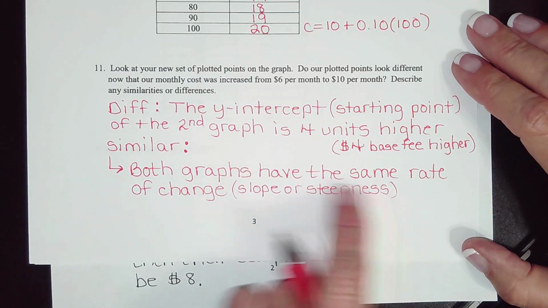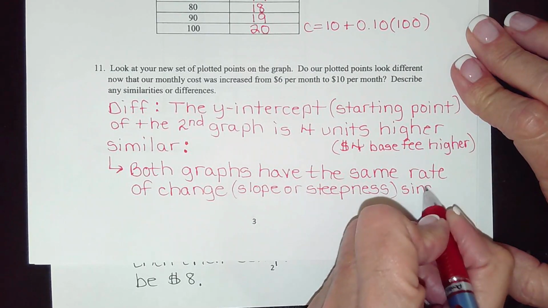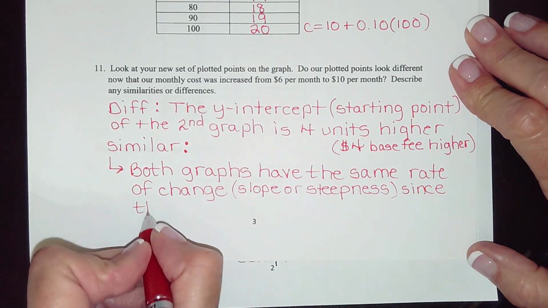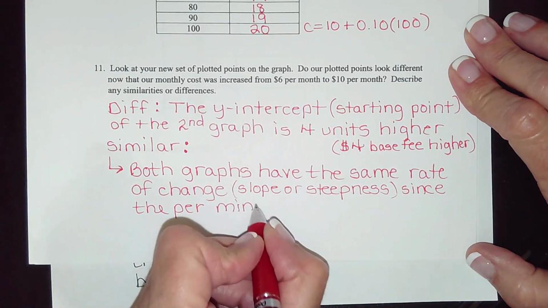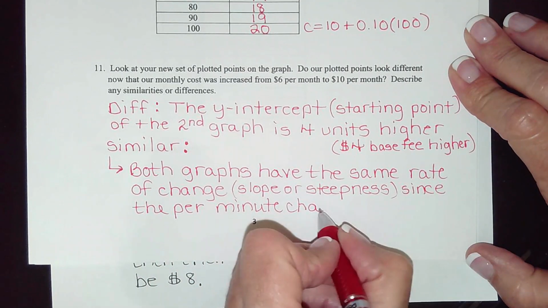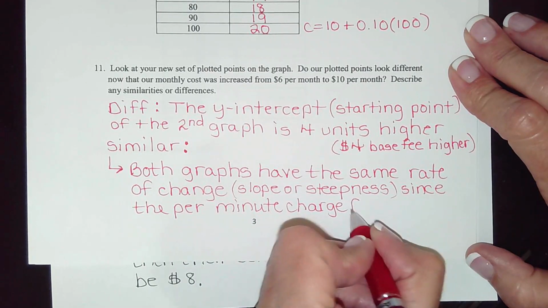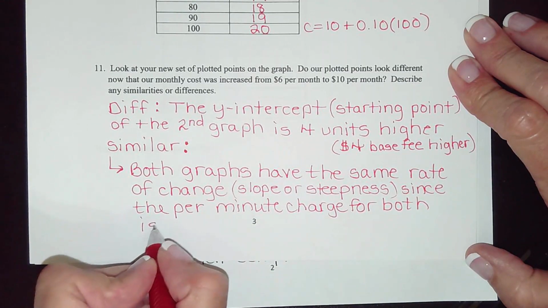So both graphs have the same rate of change since the per minute charge for both is 10 cents per minute.